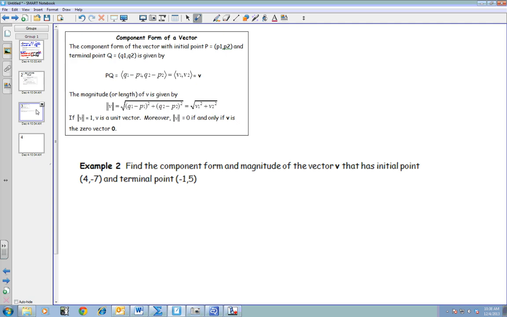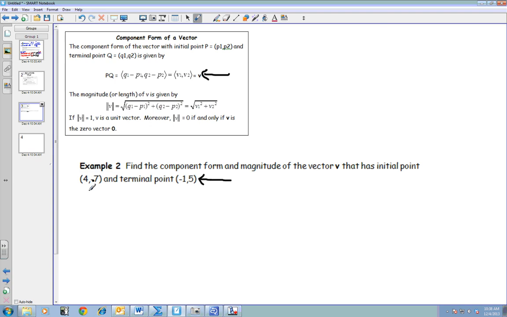All right, so example 2 says find the component form and magnitude of the vector v that has initial point (4, -7) and terminal point (-1, 5). So they want us to write the component form of this vector because its initial point is not at (0, 0). So we want to write it in component form so that its initial point would be at (0, 0). All right, so let's use this formula right here. Okay, so I'm given my two ordered pairs.